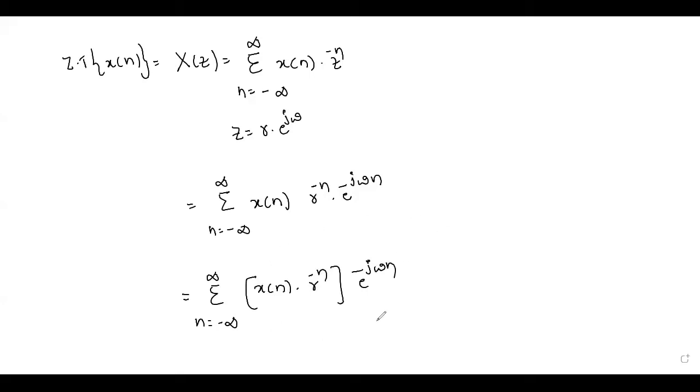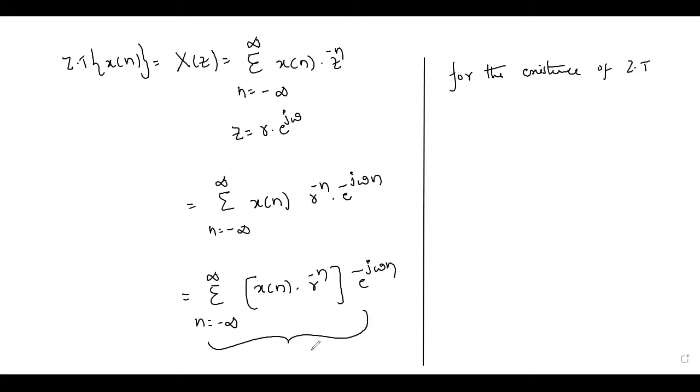So here, after writing this, write down that statement. For the existence of Z transform, here also we are going to talk about ROC now. For the existence of Z transform, this summation should be convergent. The summation, that means this total thing must be a finite quantity.